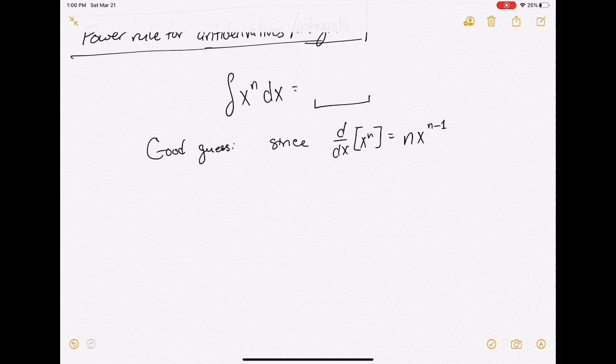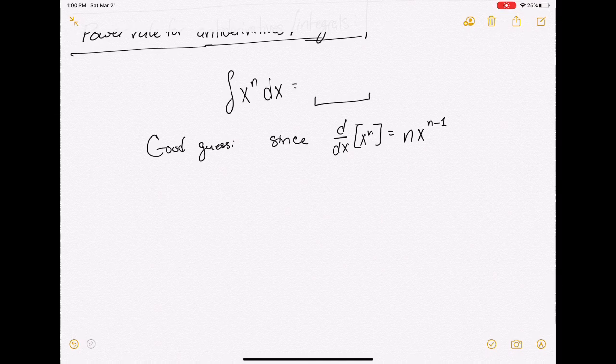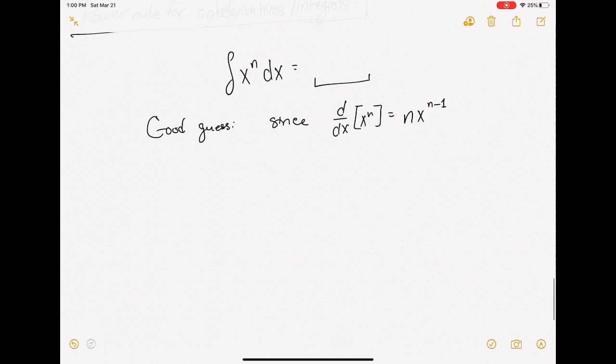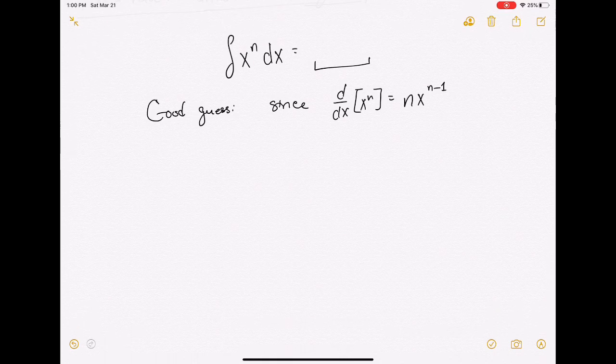So the derivative is taking the exponent out front, and it's decreasing the top number by 1. So let's try. Let's try the integral, maybe, of x to the n dx. Let's do x to the n plus 1. That seems like a good idea.